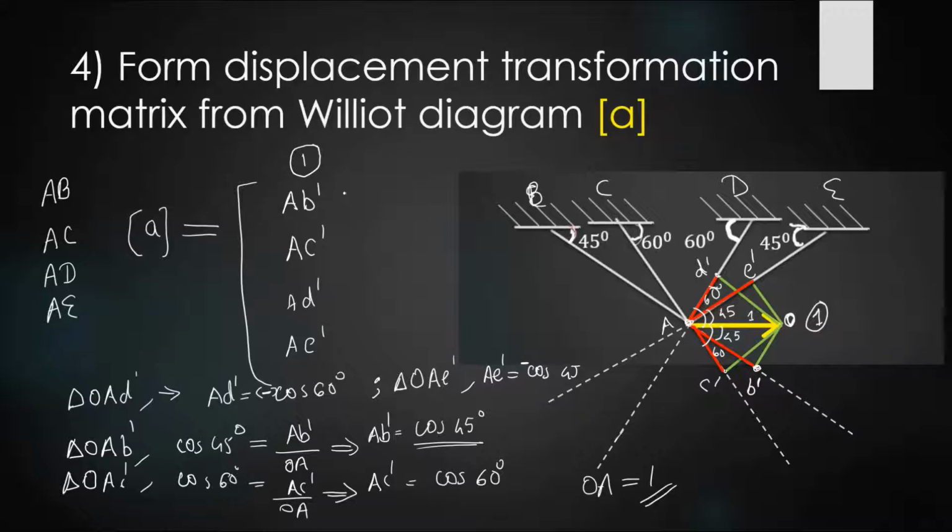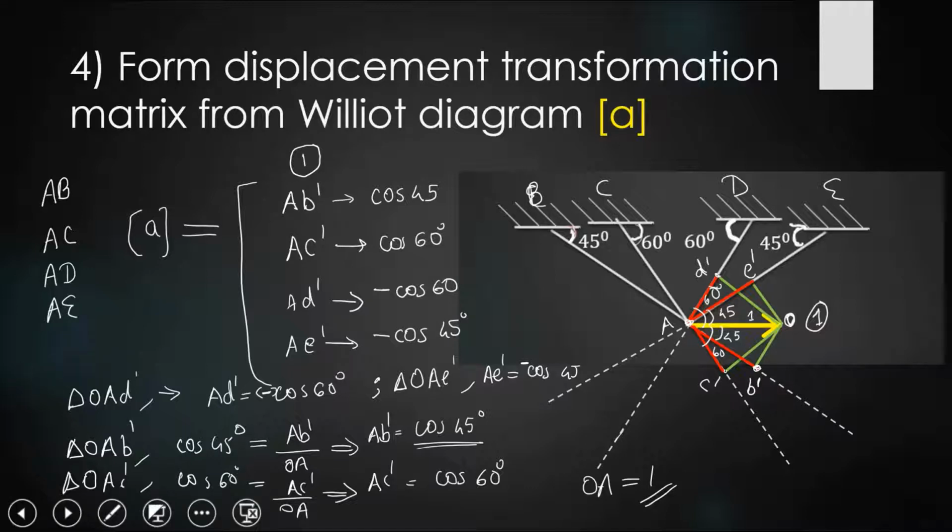So I can write these values: AB dash is cos 45, AC dash is cos 60, AD dash is minus cos 60 and AE dash is minus cos 45. Okay, clear? So that is how we can find the elements of the displacement transformation matrix.